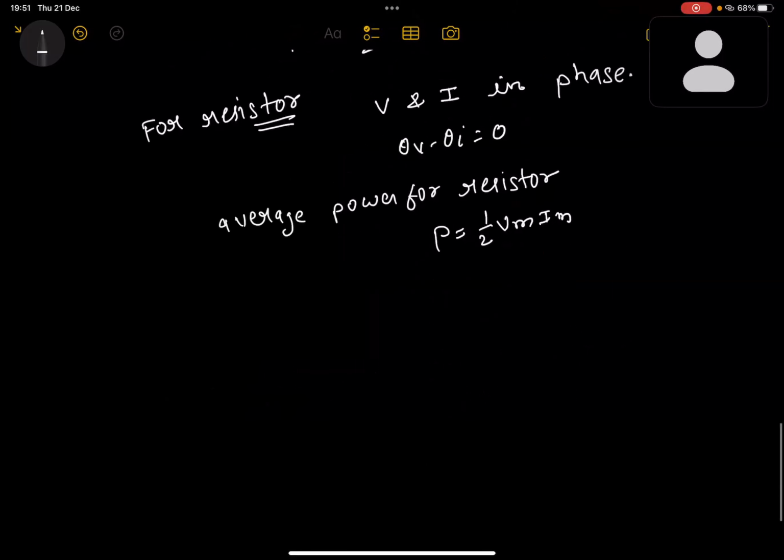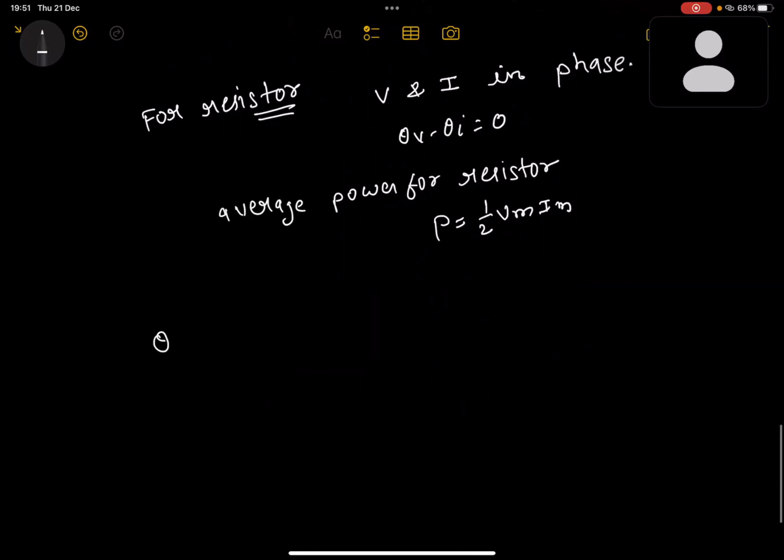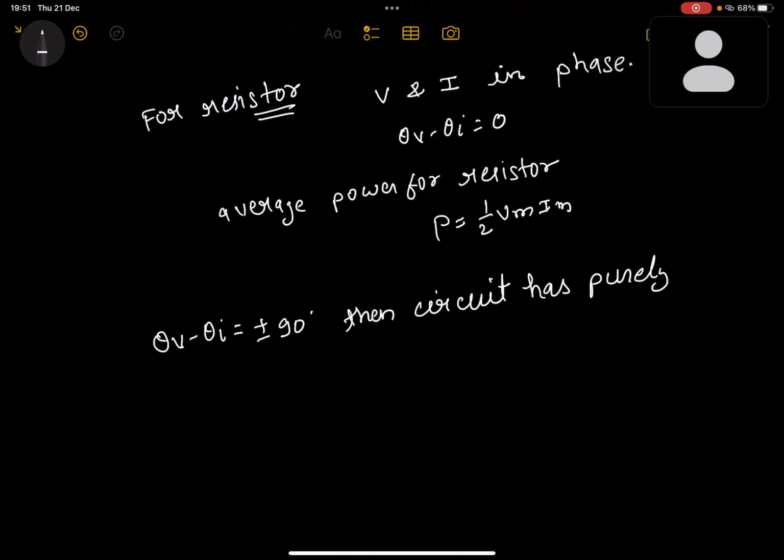And as you know, if theta v minus theta i equals plus or minus 90 degrees, then the circuit has a purely reactive load, meaning R, L or C, whatever.